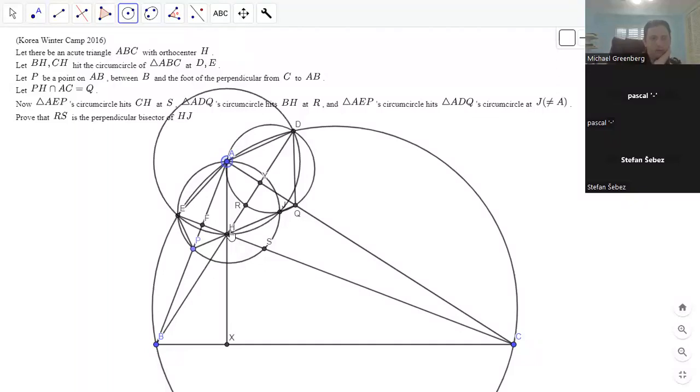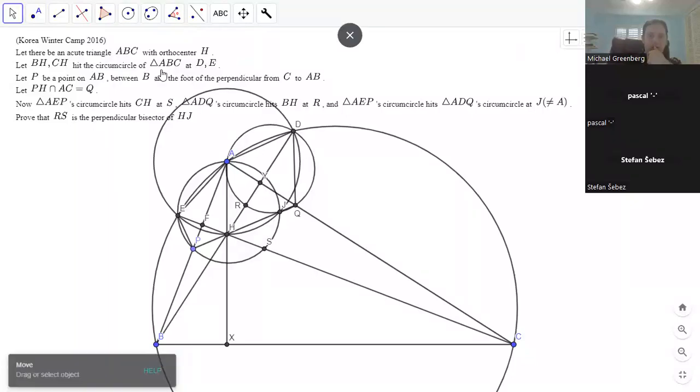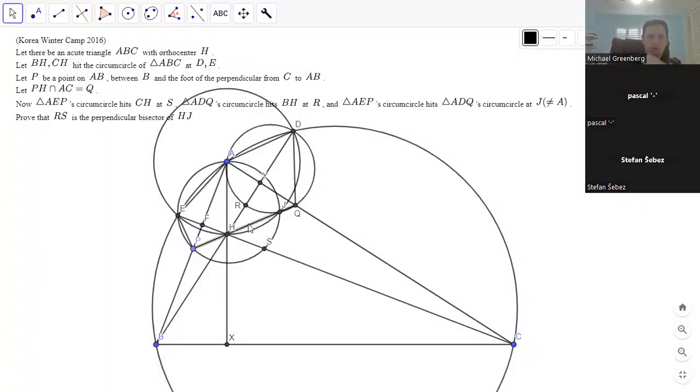Yeah, it looks like there's a circle through A passing through all those points. And from there, I would think it's not that hard to show that these intersect on PQ. Because AJQ is 180 minus ADQ. Feels like it should be easy.